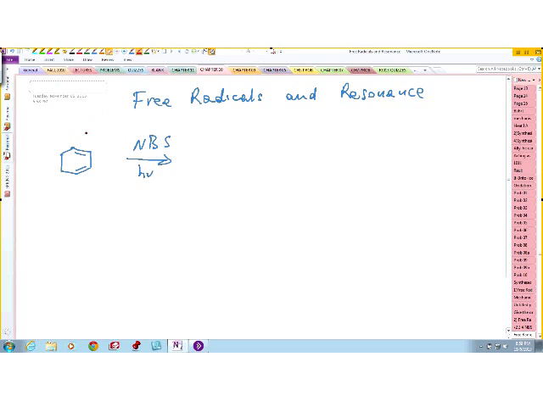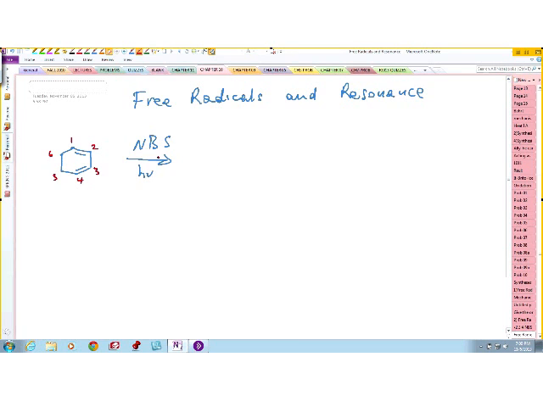Let us number the carbons 1, 2, 3, 4, 5, and 6. What will be the product of this reaction?